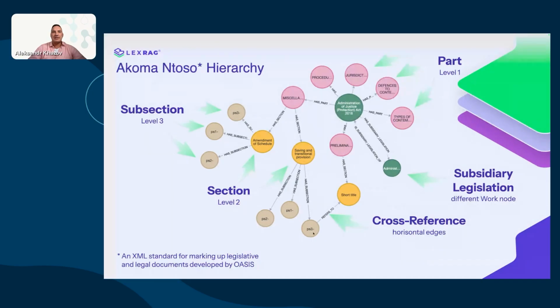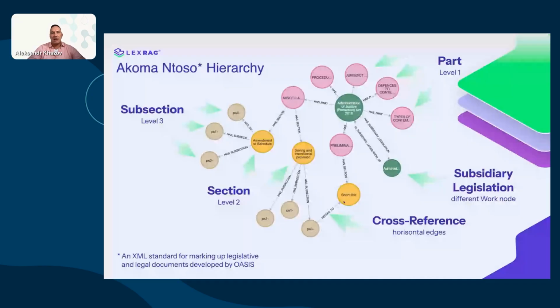The interesting part here is that you may notice the cross-reference, because those are hierarchical edges. Each section has subsections and so on, representing particular texts. But here you have a subsection which refers to another section.